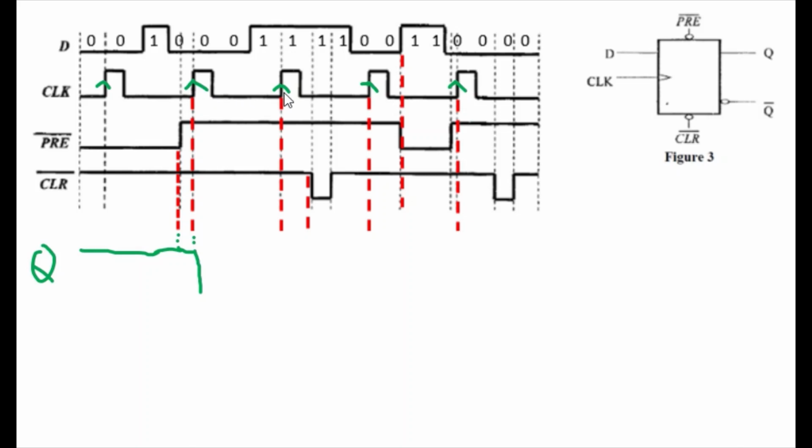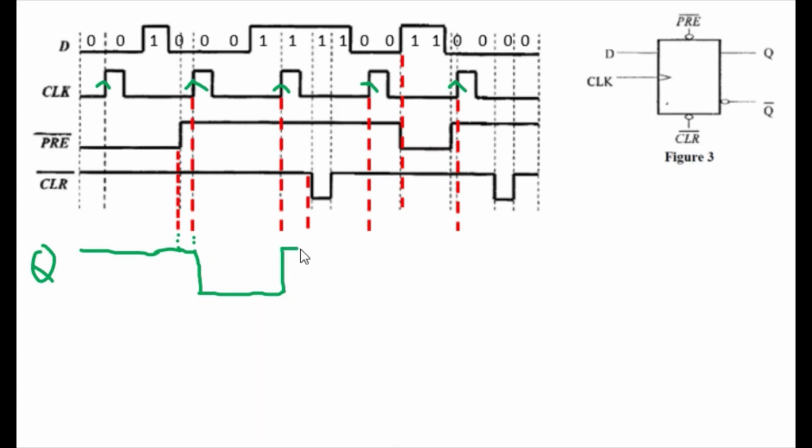It will remain 0 till the next positive edge, because in between preset and clear are both 1, so we don't need to bother about them. At this next positive edge, D is 1, so we switch to 1.